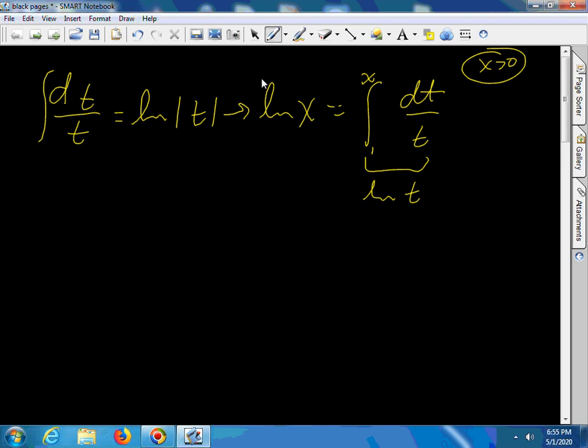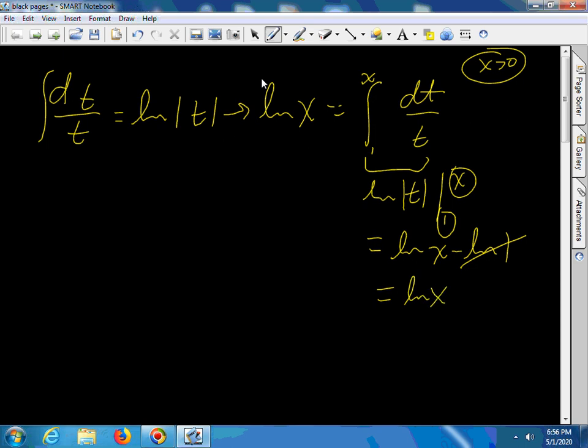So it's ln of t, and I evaluate it from 1 to x. But they're both positive, x and 1 are both positive, so I do not need to include the absolute value bars. And ln of 1 is 0, and ln of x minus 0 is ln of x.